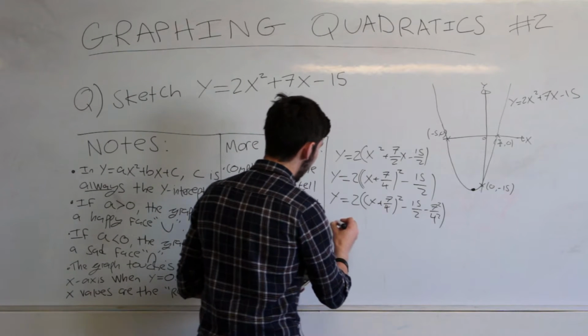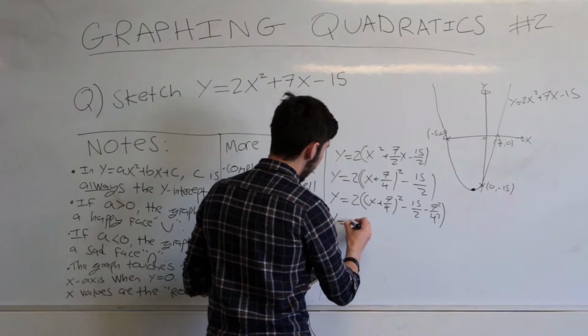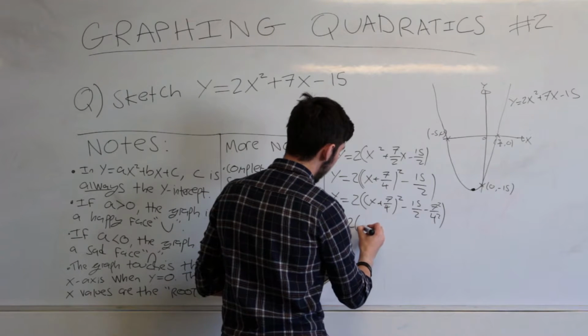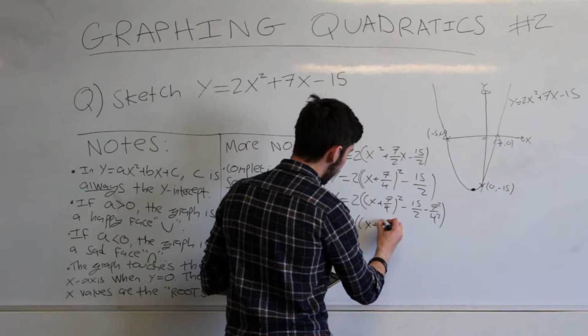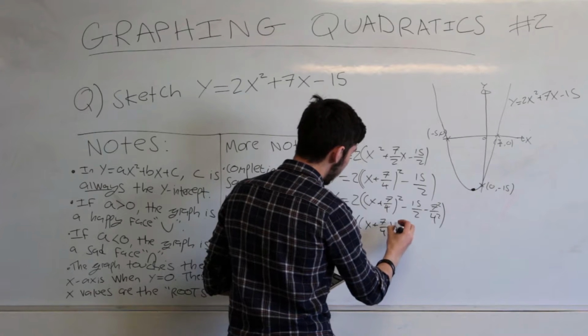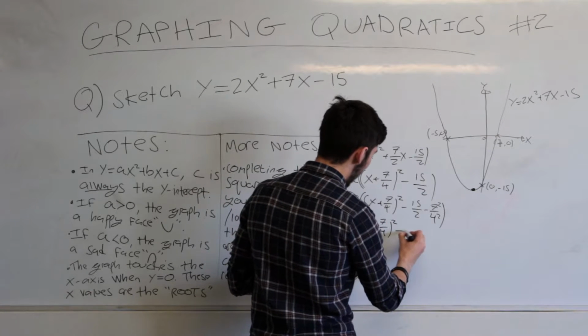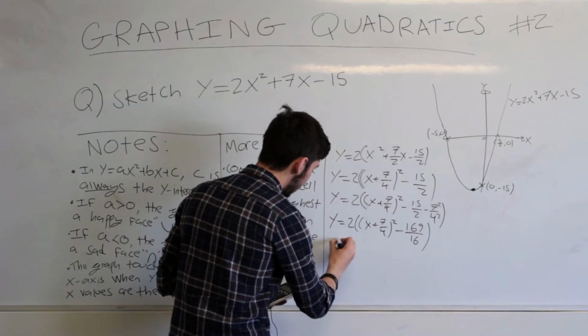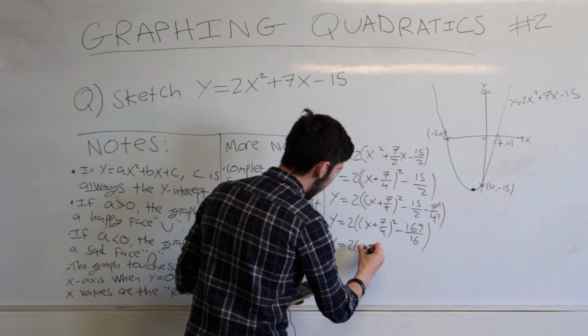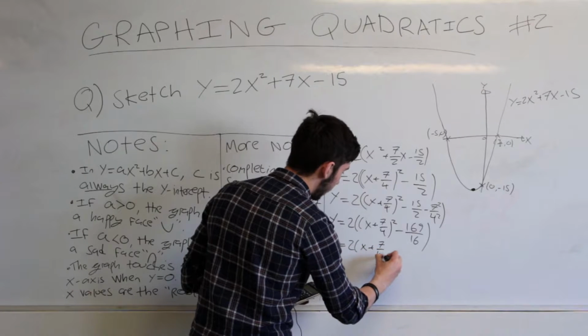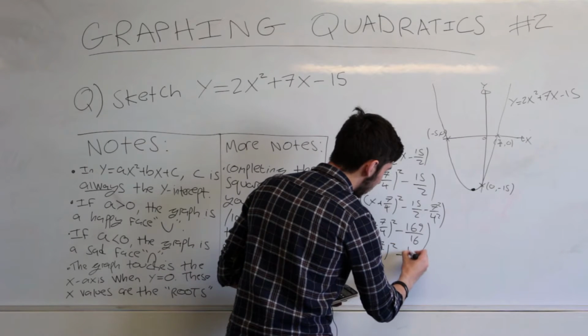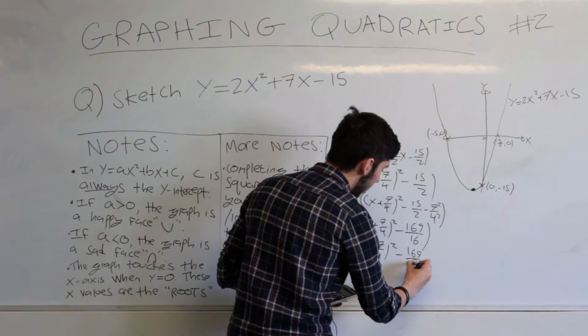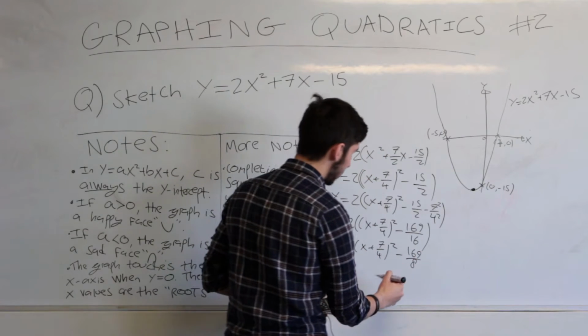We get y equals 2 times x plus 7 over 4 squared minus 169 over 16, which means that y equals 2 times x plus 7 over 4 squared minus 169 over 8. We just distributed this 2 out.